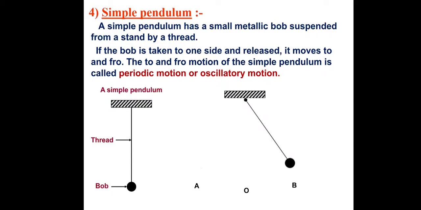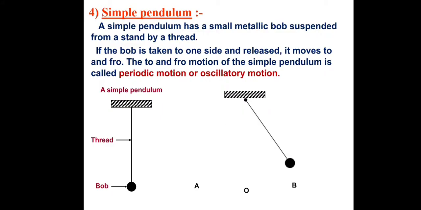So when a small metallic bob is suspended from a stand by a thread, we call it a simple pendulum. Now on your screen you can see an animation of the pendulum in motion.